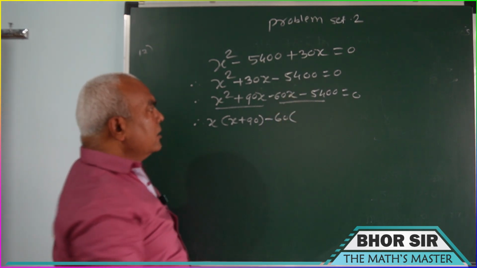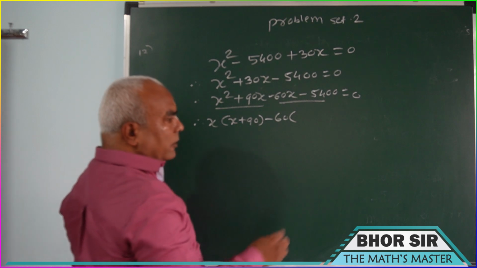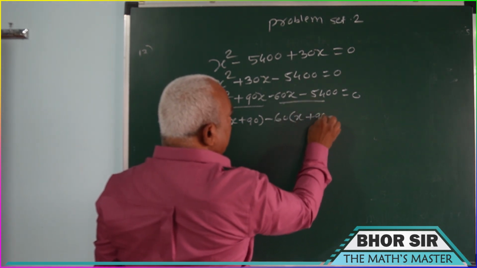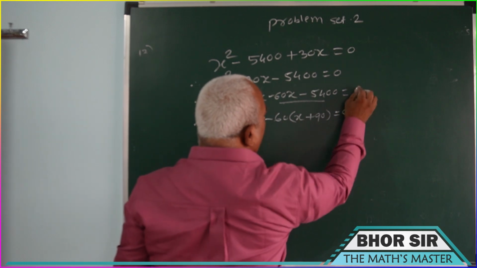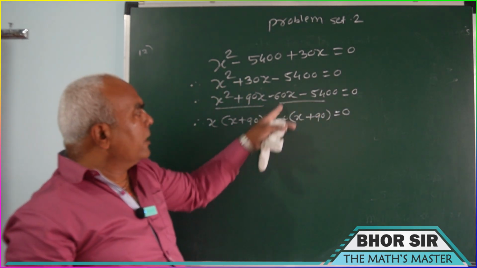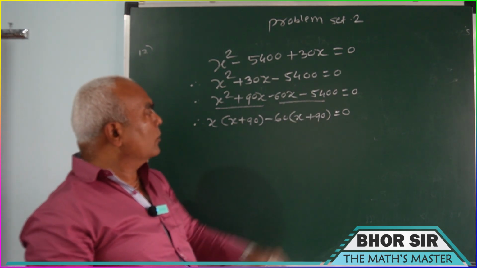We can divide 5400 directly by 60, because 6 times 9 is 54, so it gives 90, as we already found 90 into 60 is 5400.